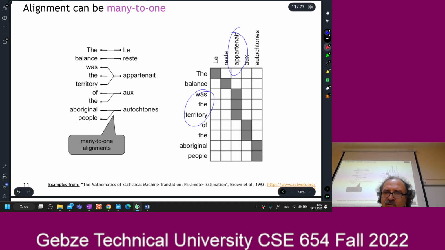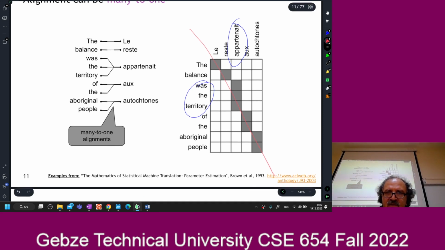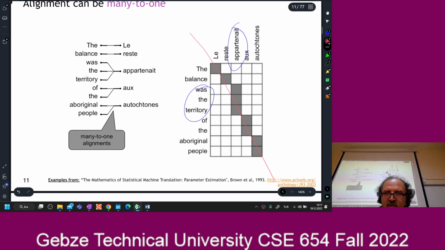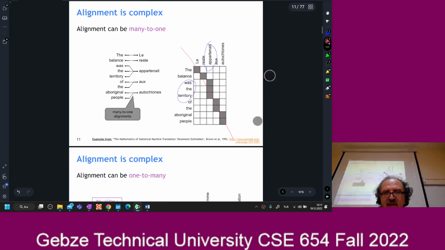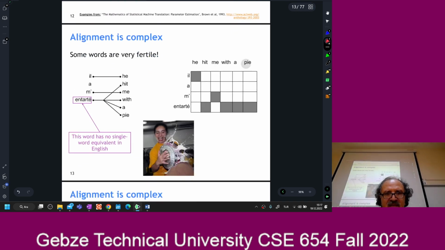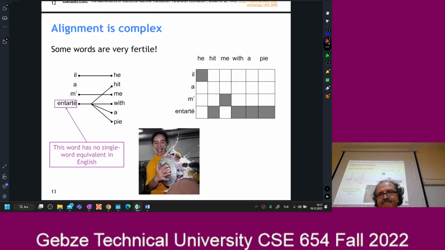There is a diagonal thing going on here, but as you see, one word will correspond to 3 words. Again, one word will correspond to 2 words here, and sometimes this can happen the other way, and sometimes there is no diagonality happening at all. So the alignment is complex.